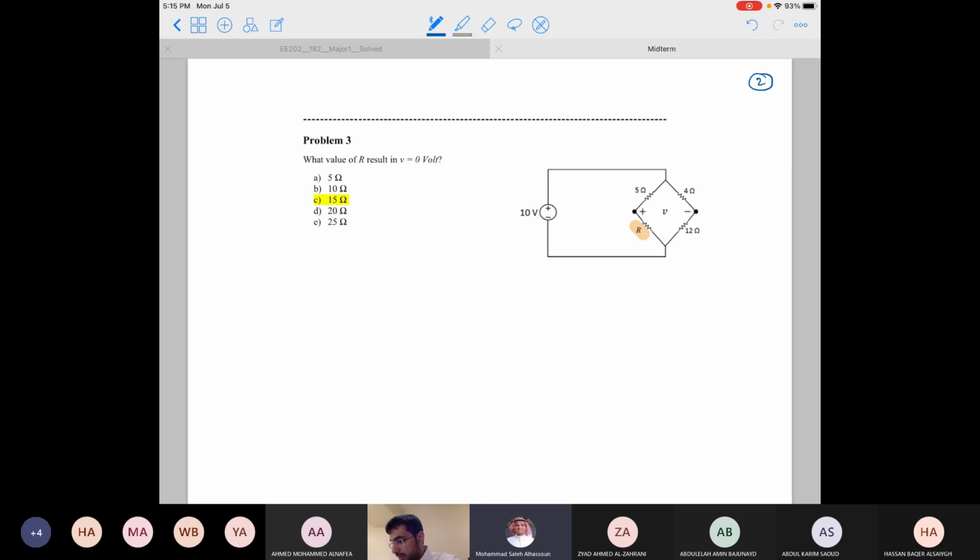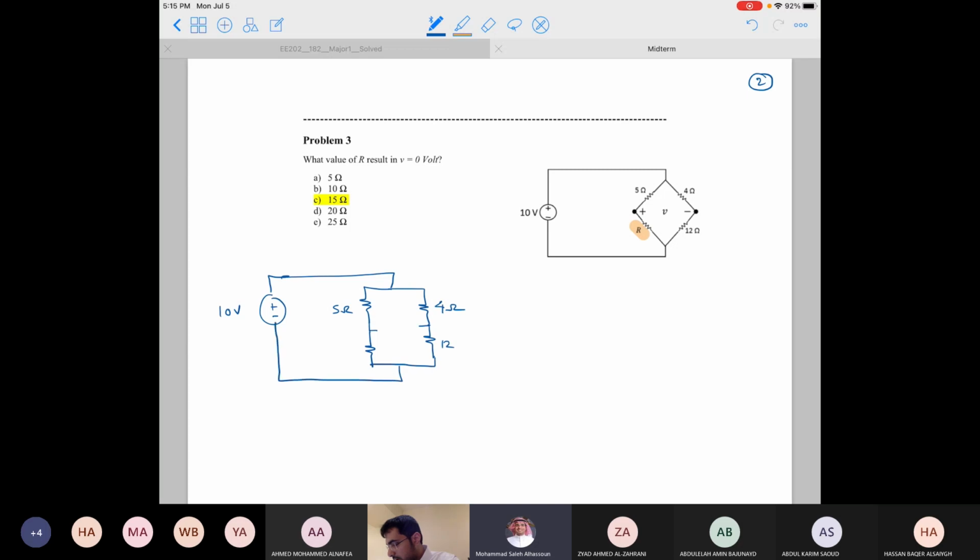So what is the voltage V? Let me draw the circuit here. I don't like this type of drawing, so let me do it in a way that I think is easier to visualize. So this one is 4. This one is 5. This one is 12.